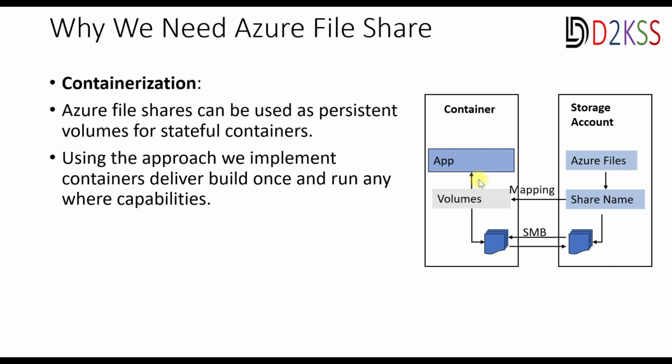Meaning, wherever you deploy the container, you get the same state from the storage account. Where you are running the container does not matter. You just map to the right volume share path, and that's it, you get the shared application state. So this is the third scenario.